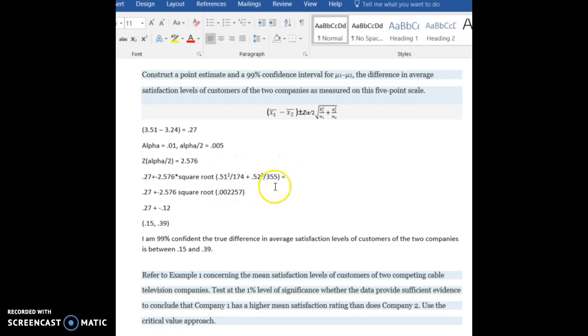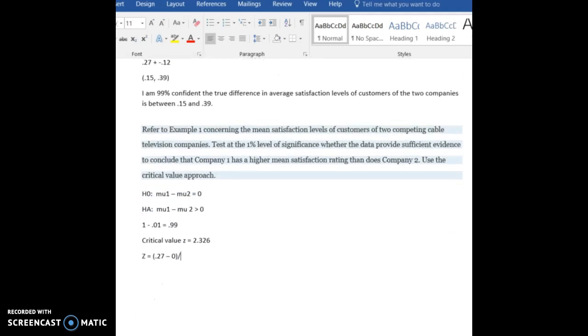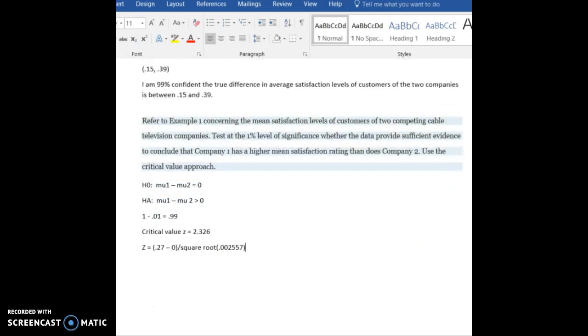We've got that right here. Oh, we don't quite have it. We have the square root of 0.002257. Let me just put that down there. Let me just double check it. Yeah.